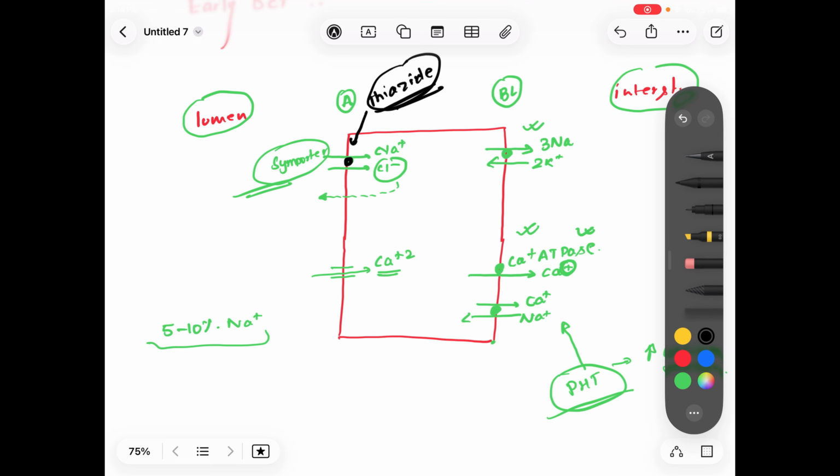The diuretic thiazide acts on this transporter, which blocks it and helps in loss of sodium and chloride in the urine. One more thing, if there is a genetic defect in this transporter, then the syndrome is called Gitelman syndrome, which is an autosomal recessive disorder.